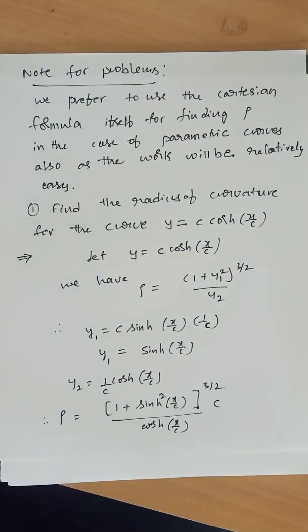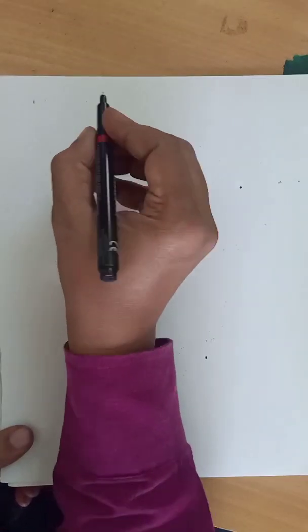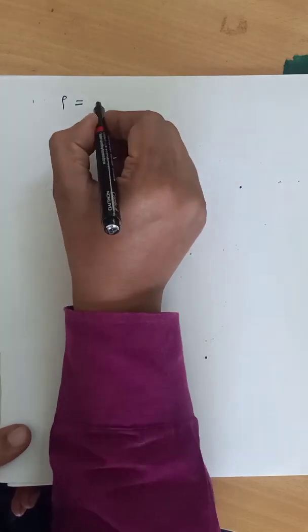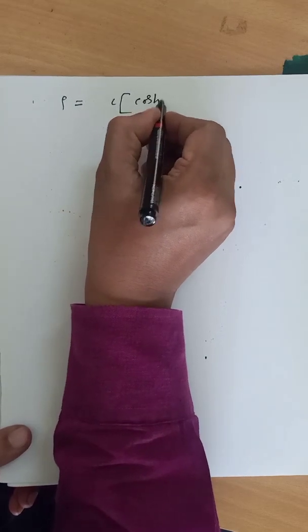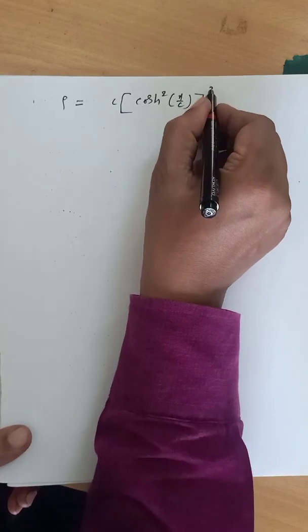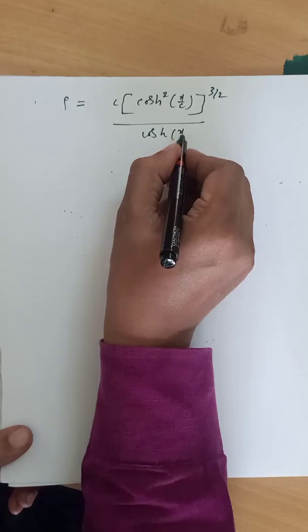Write down this first. Next step, that is equal to c times 1 plus sin hyperbolic square, which is also equal to cos hyperbolic square x by c, whole power 3 by 2 divided by cos hyperbolic x by c.